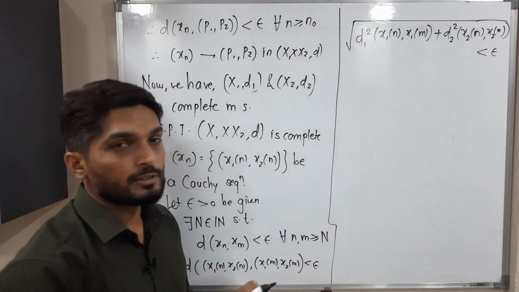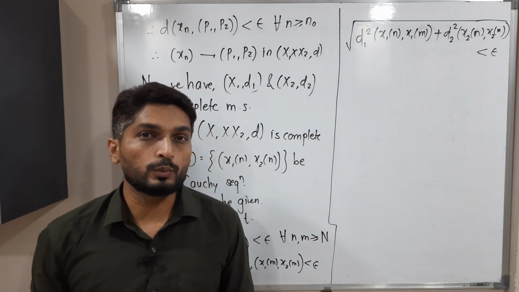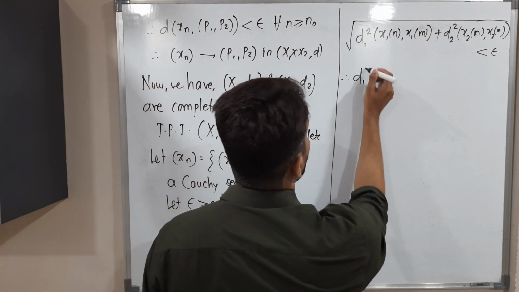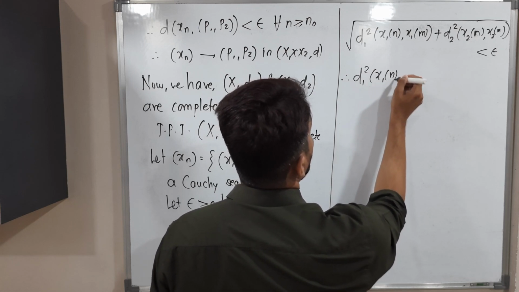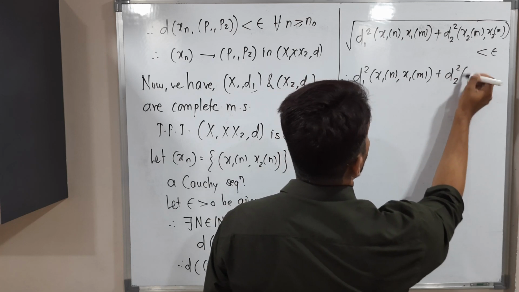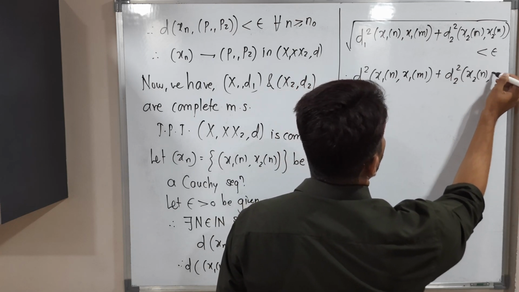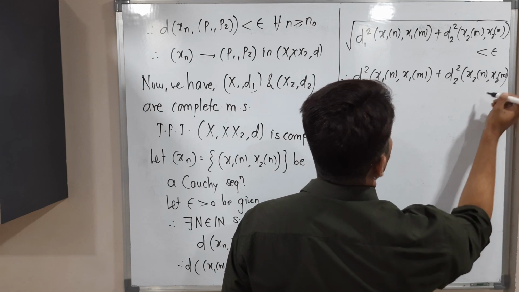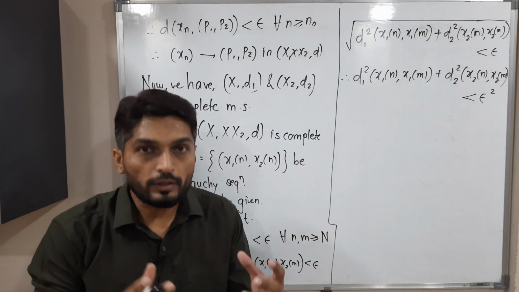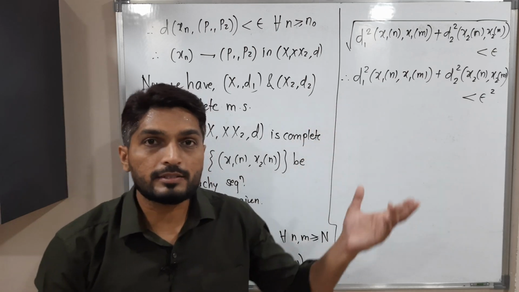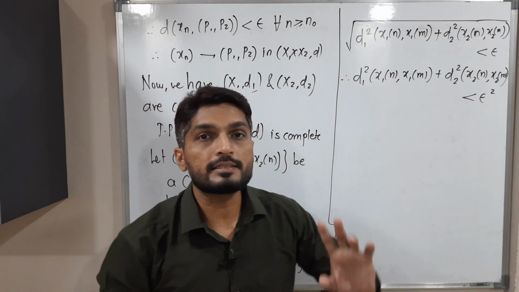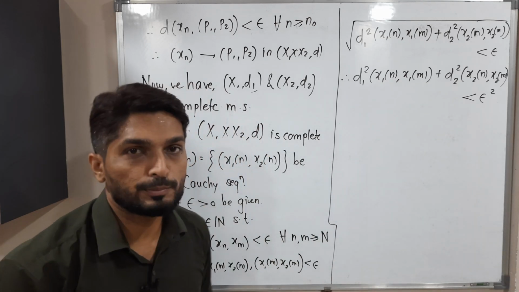But see, I don't like that square root, so guess what we need to do? We will take square of both sides. So d1 square x1n, x1m, plus d2 square x2n, x2m is less than epsilon square. Okay, see, we are adding two non-negative numbers since squares are there and metrics are also there, and their sum is still less than epsilon square. That means each of them must be less than epsilon square.